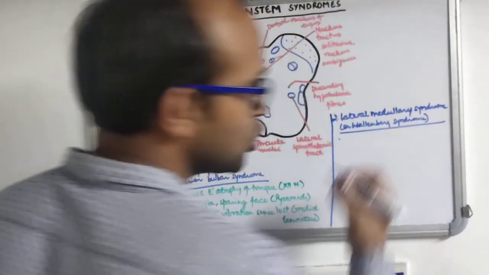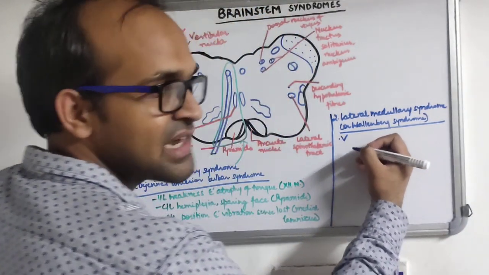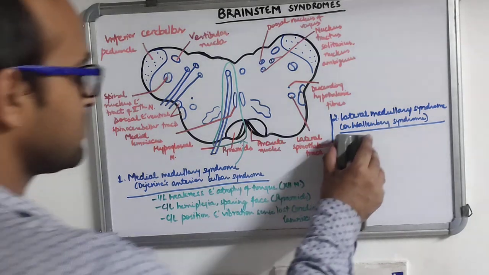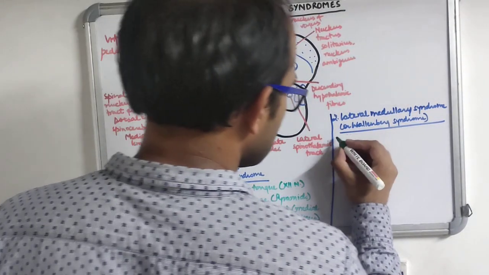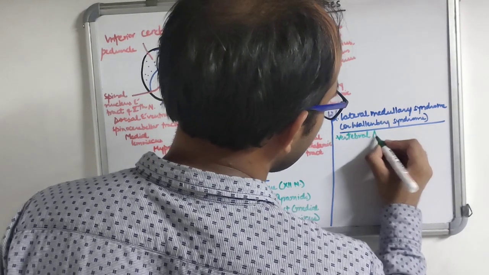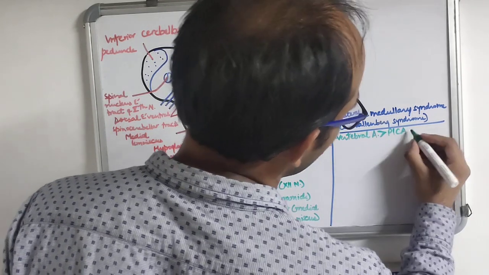Most commonly it is due to vertebral artery occlusion followed by posterior inferior cerebellar artery occlusion.